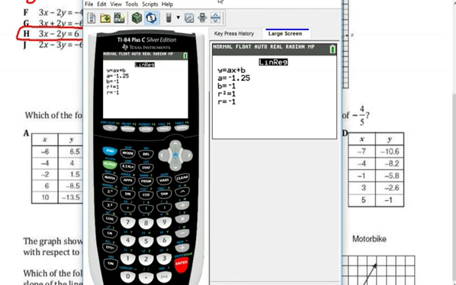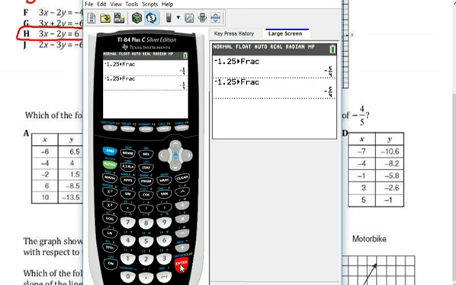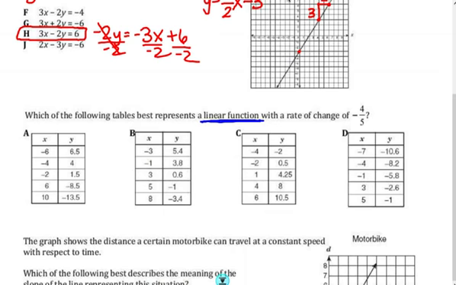Well, it says -4/5, so maybe I don't know what -1.25 is as a fraction, so I could test it. -1.25, math, enter, enter, and I see that's actually -5/4, not -4/5. So it's really close, but it's not the one. So that's how I would test all of these points.